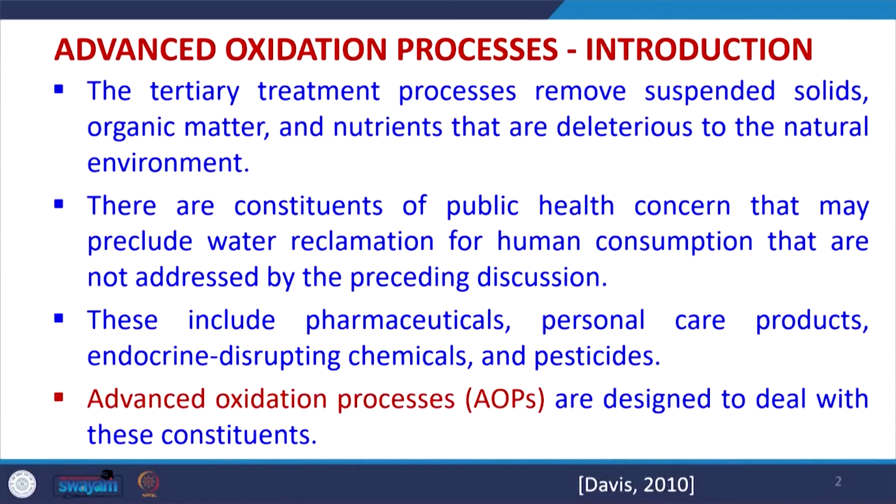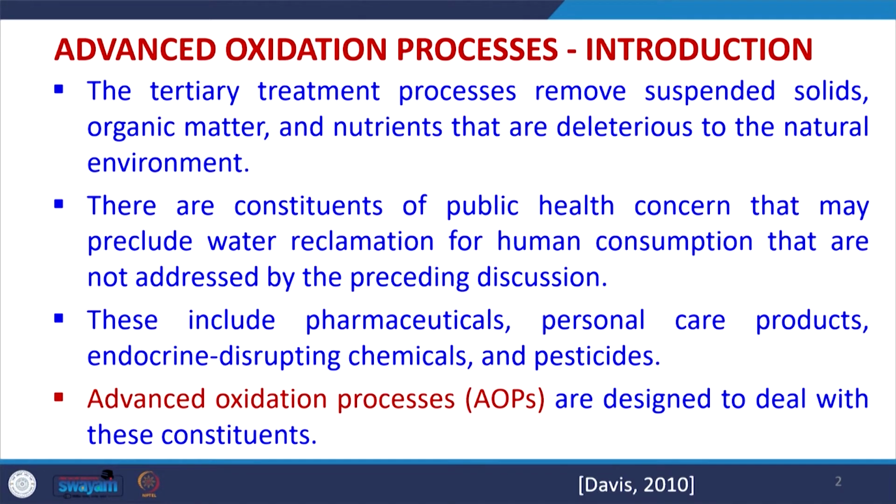Now, with sustainability coming into human life as well as the growth of industrialization, there are many pollutants coming into the water. These include pharmaceutical pollutants and personal care products, many of them endocrine disruptive chemicals.